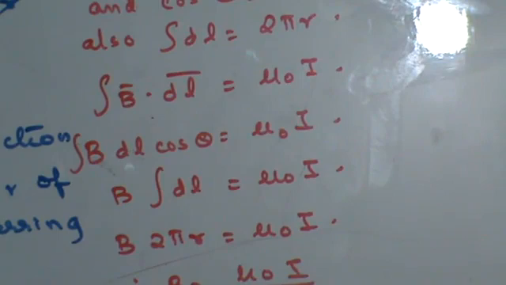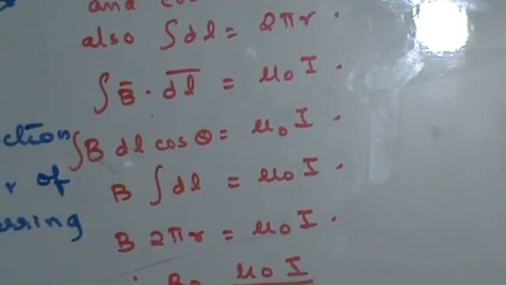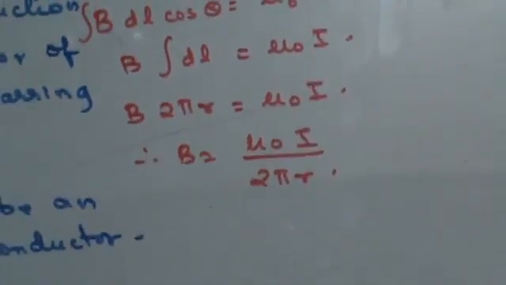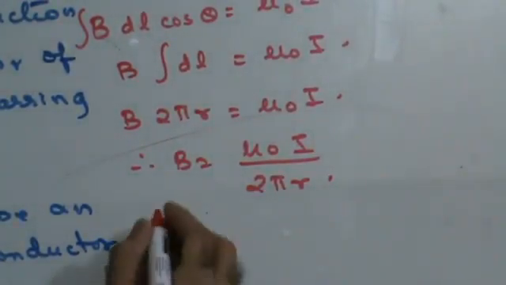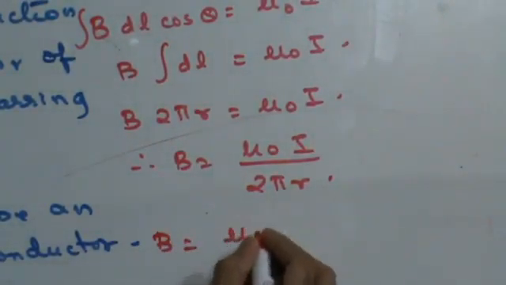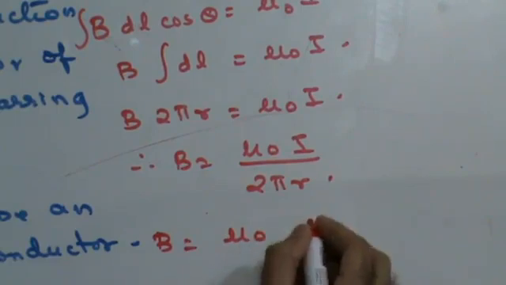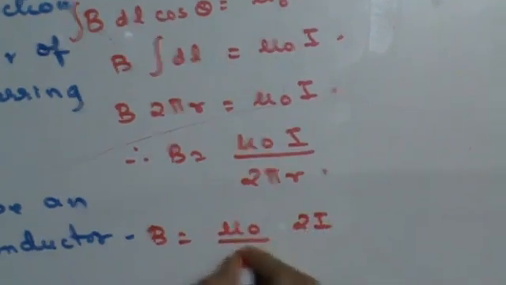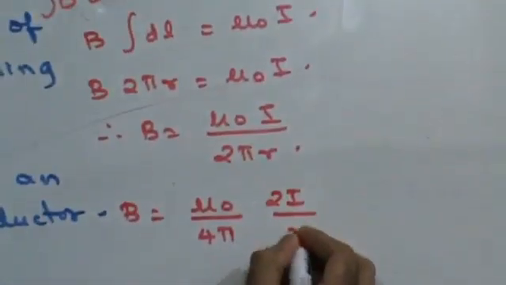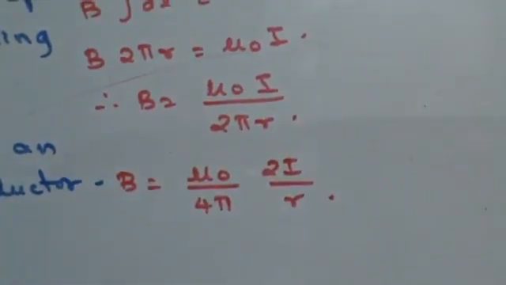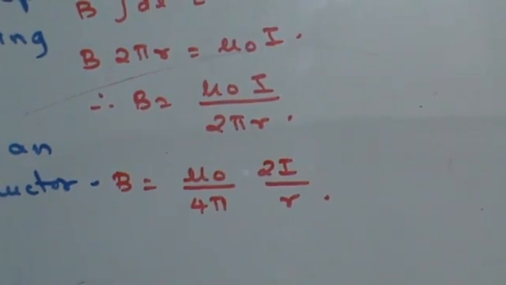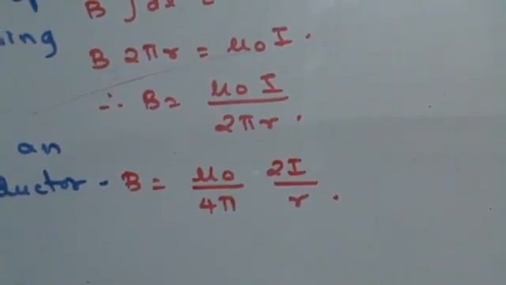Thus using Ampere law you can find out the magnetic field due to a straight conductor. Right? Now this can be further written as B is equal to mu 0, multiply the numerator and denominator by 2. So this is mu 0 upon 4 pi times 2I upon r, and that was the magnetic induction due to a straight long conductor.